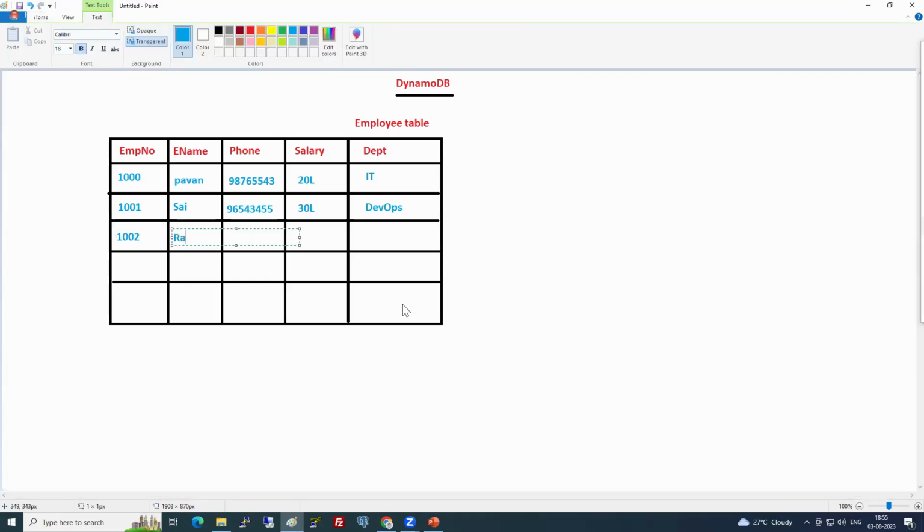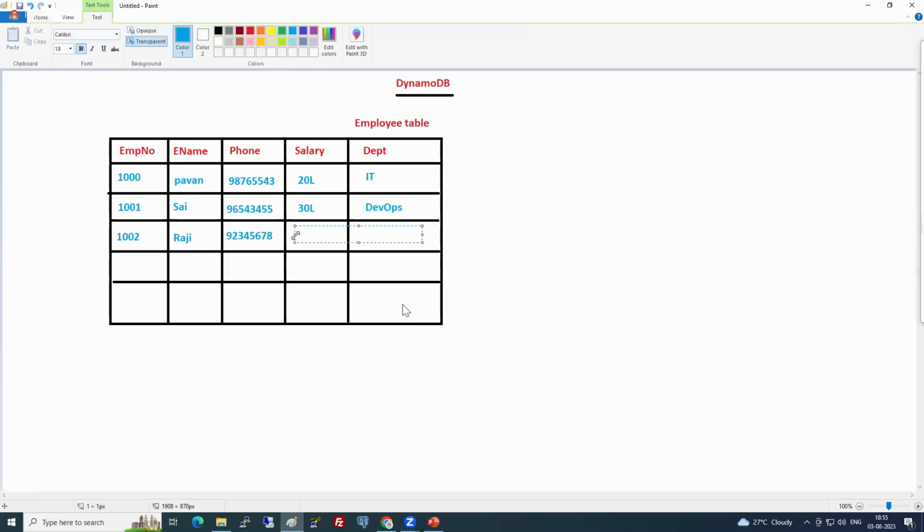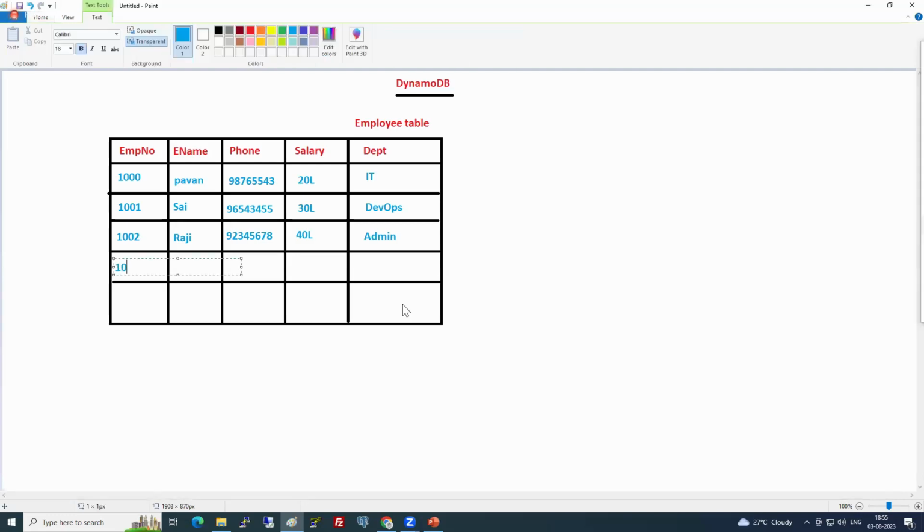Raji, R-A-J-I. So this is not her phone number. Don't call, it is a random number. Okay. Raji, take 40 lakhs. Department, admin. And finally 1003 I'll put.